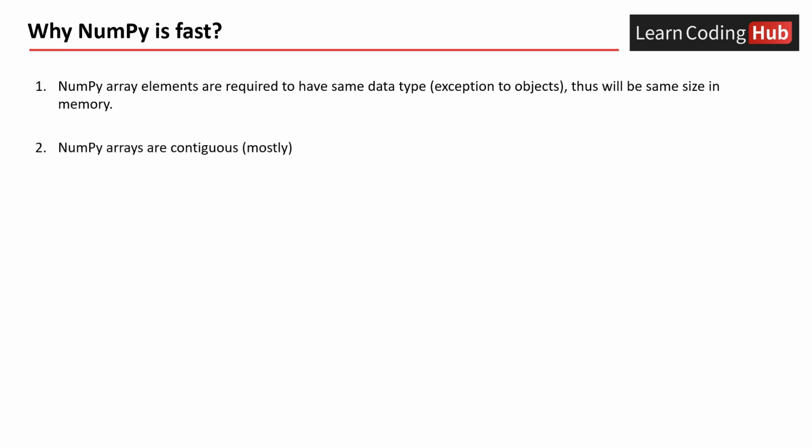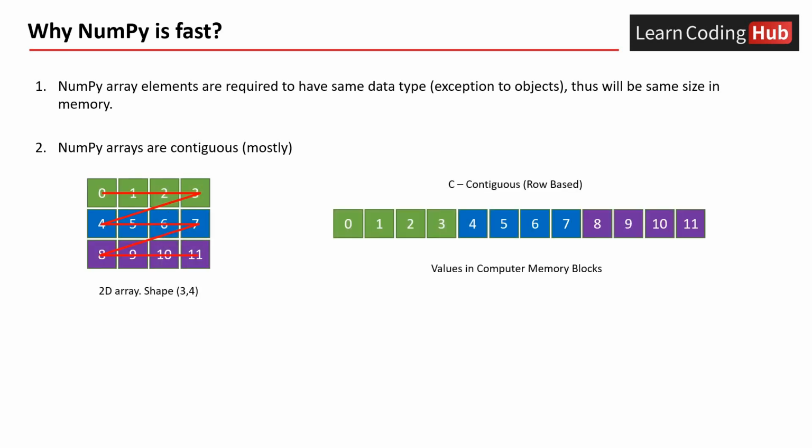The other reason is that NumPy arrays are contiguous. So what does that mean? It means that in the computer memory, the values are next to each other. Let's understand it more. Let's say we have a 2D array with shape 3x4, meaning 3 rows and 4 columns, and I have color coded each row with a different color so you can see the difference.